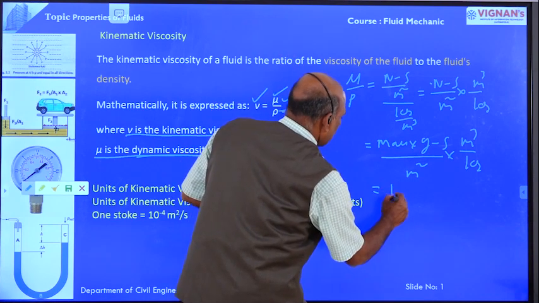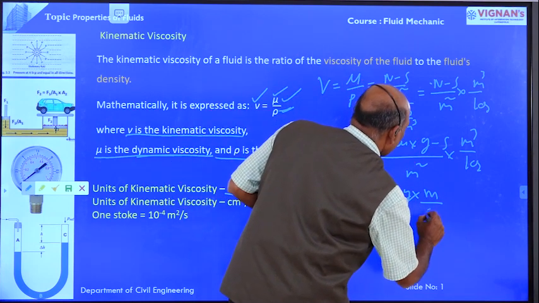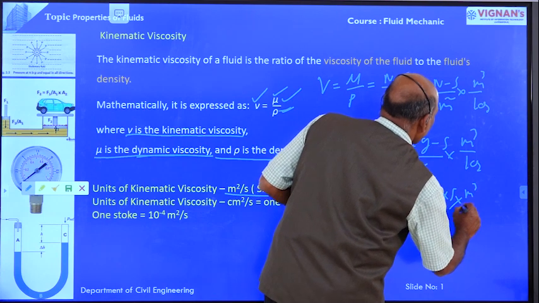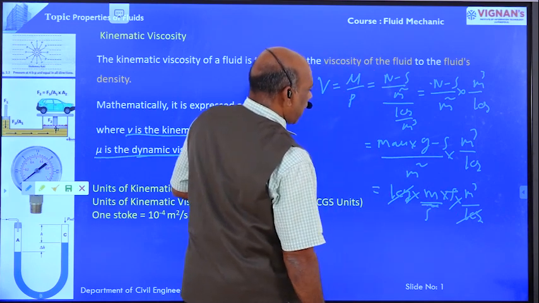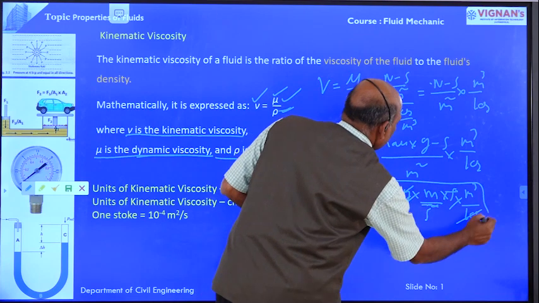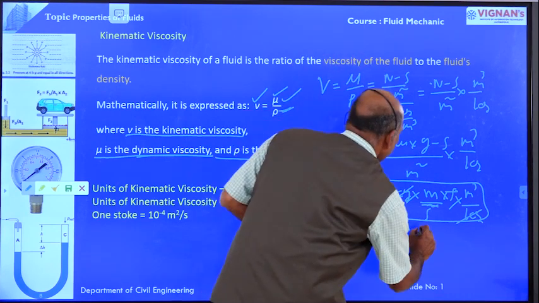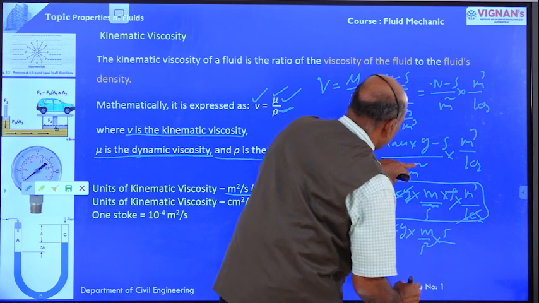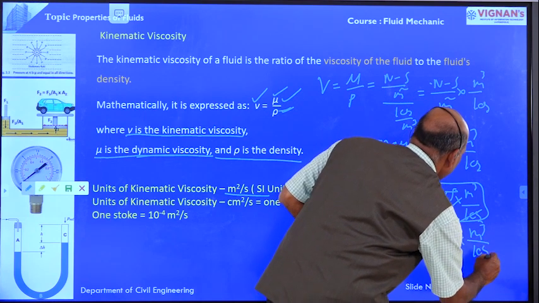Mass units are kg, and g is acceleration due to gravity, meters per second square. So this is kg into meters per second square into second, divided by meter square, into meter cube divided by kg.